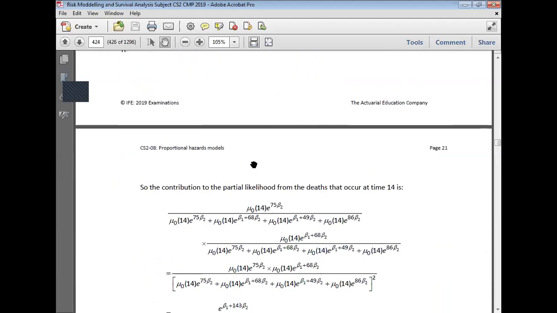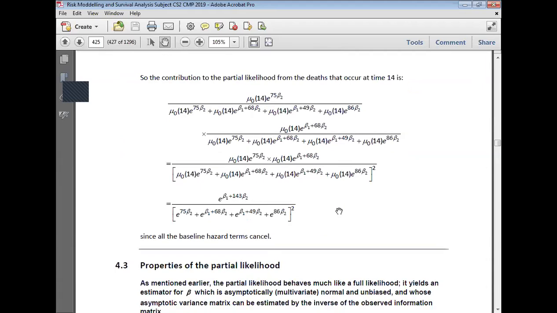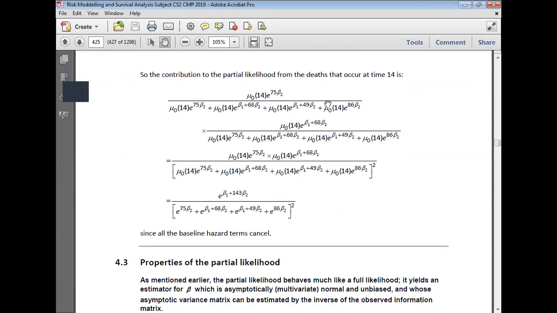So what you will do is to figure out their contribution to the partial likelihood. This is for the first person dying, and this is for the second person dying. And as we know, the denominator is just the same. This gets squared, and these two get multiplied in the numerator.